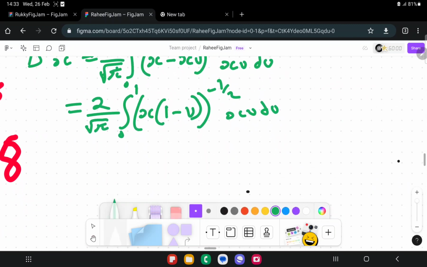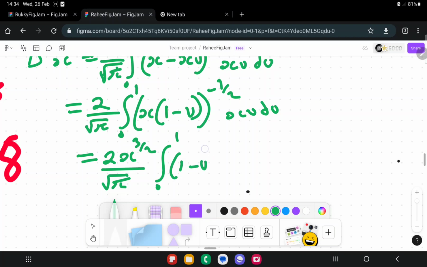Now simplifying further, we have this to be 2x raised to power 3 all over 2, everything all over the square root of pi. Then we have our integral from 0 to 1, then 1 minus u raised to power negative half, then u du.